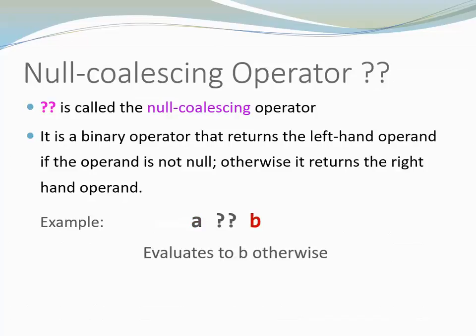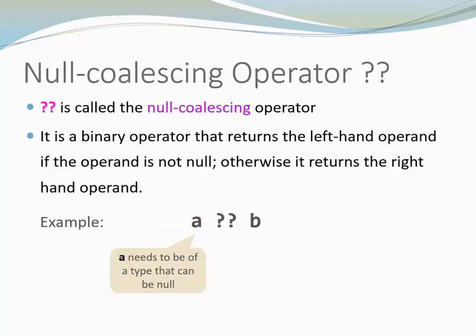Otherwise, it will evaluate to B. It's important that A is a type that can be null, and B is like the default value that is used in case A was null. So if A didn't have a value, then we're using B instead.